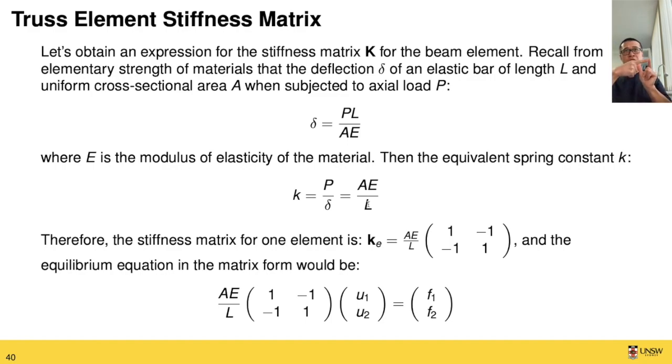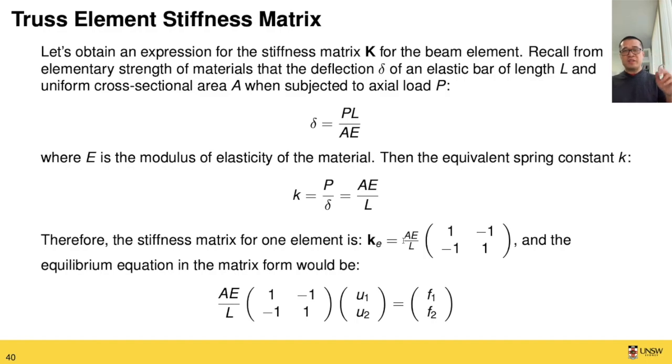truss element, then the stiffness matrix, if you go back a few slides to what happened for a single spring, you will have K, minus K, minus K, K. That's the single spring. But now we know K is AE over L, so we can take that AE over L outside of this matrix.